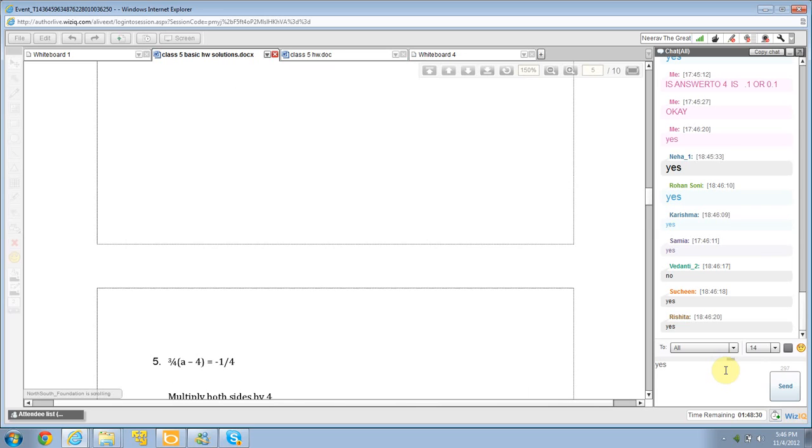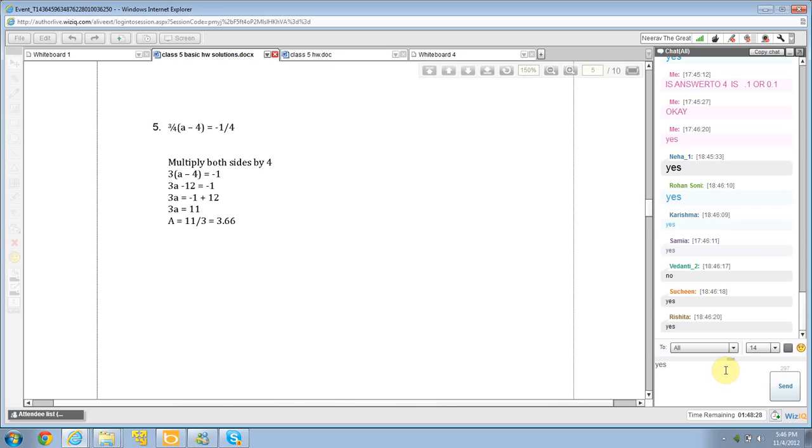Here we go. Okay, so first things first, you can either distribute the 3/4 or you can multiply both sides of the equation by 4, because then it just gets rid of the denominator. Now remember, whenever you do something to one side of the equation, you have to do it to the other side as well.